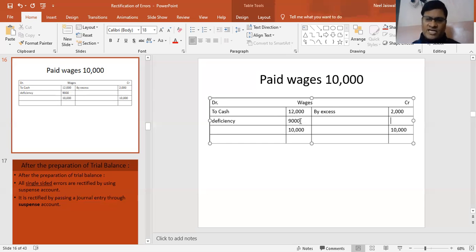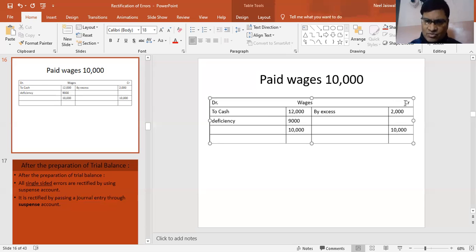That means for wages, if deficiency, then we will debit further. For wages, if an excess amount is recorded, that means instead of 10,000, 12,000, so excess is there, so for excess we will credit the account. Sorry, students, for excess we will credit the account. 12,000 is recorded. I have to make it 10,000. So I have to credit by 2,000.